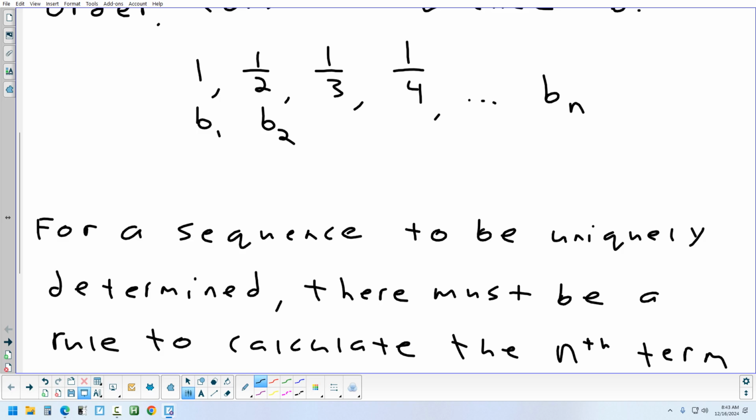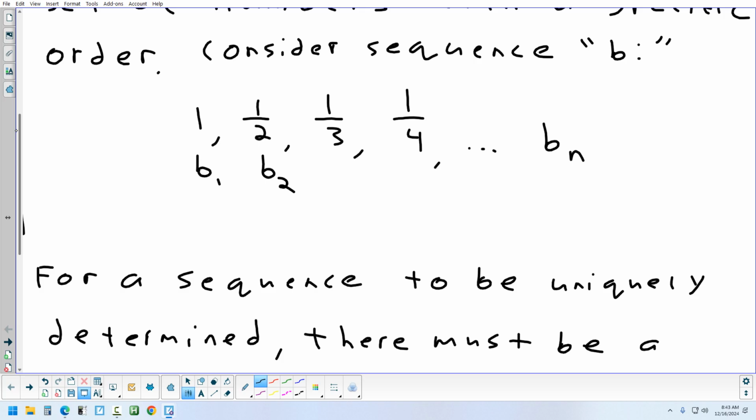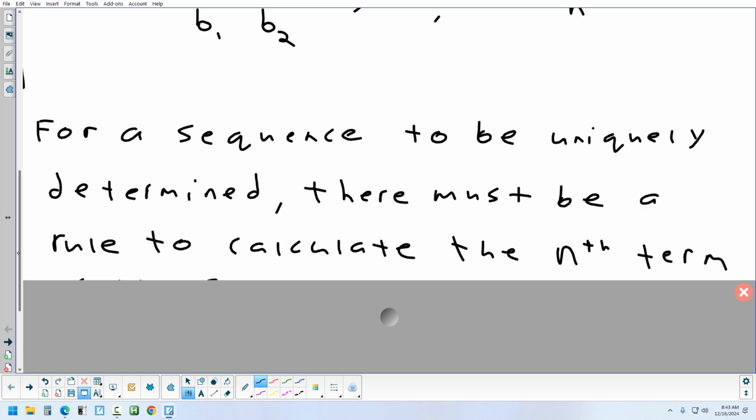If you had a sequence like this one, and you wanted the 10th term, that's not bad. You already have the first 4. You only have to do 6 more. But in general, the best way to find a term in a sequence is to find that term directly without having to find every single one before it, because that takes a long time.